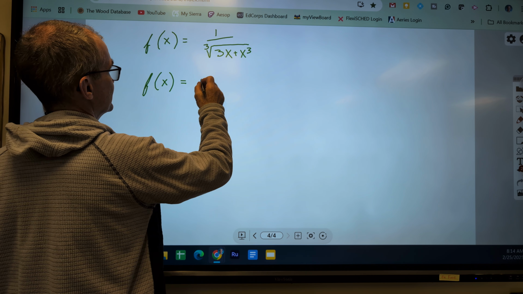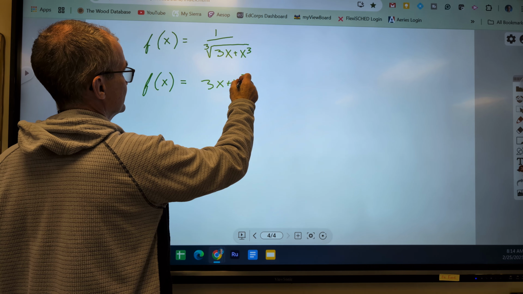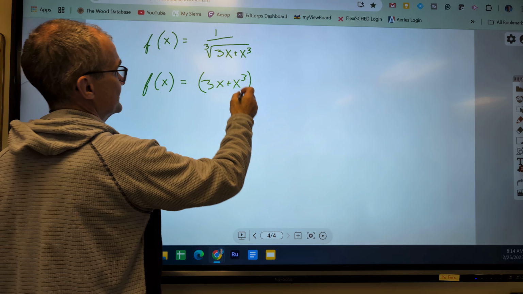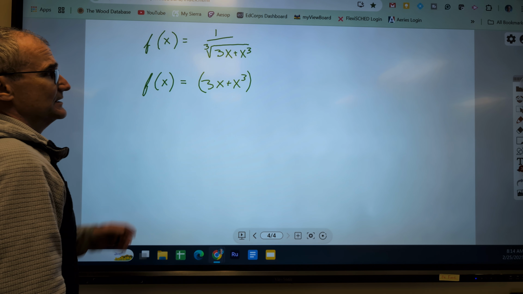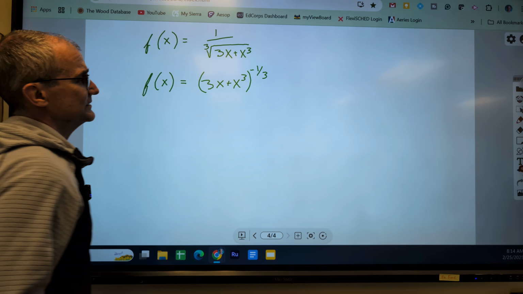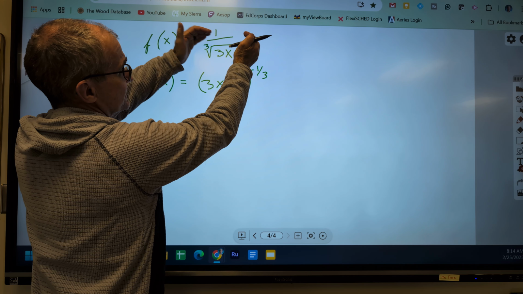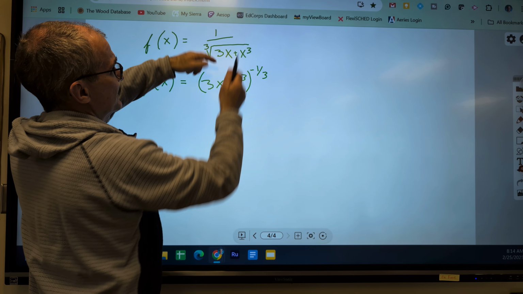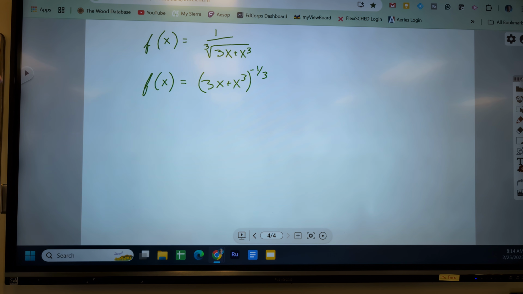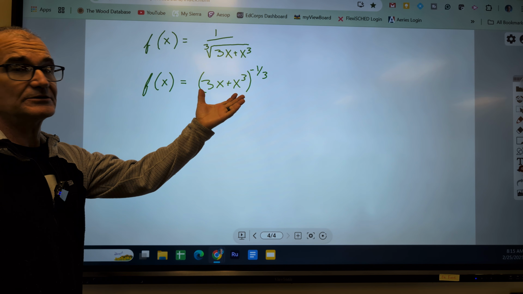So this is going to be 3x plus x to the third, to the 1/3 power in the denominator, so negative 1/3 power in the numerator. I rewrite this cube root down here as 1/3, and then I make it negative to move it up.